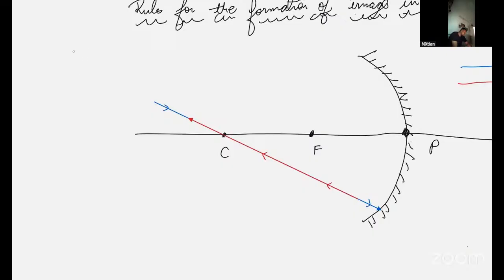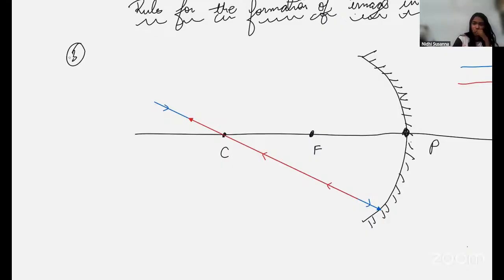If a line passes through the center of curvature and falls on the spherical mirror, after reflection, it will come back to the same path.